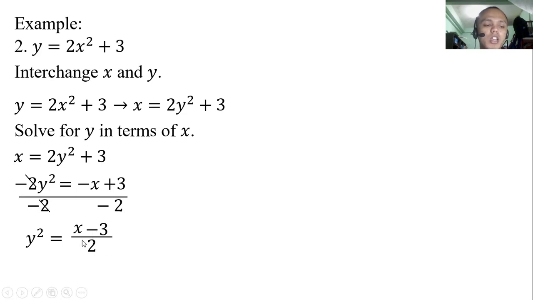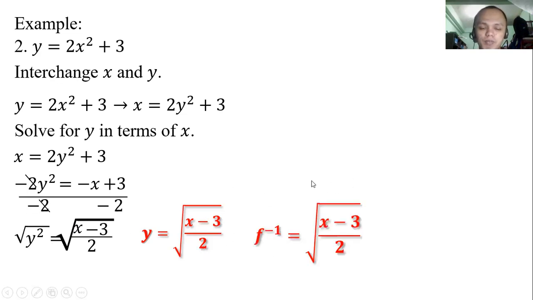Okay? So hindi pa dito nagtatapos, kasi nga may exponent pang 2 yung y. We will get the square root of both sides. Square root of y squared, we have y. Square root of x minus 3 all over by 2 is equal to the square root of x minus 3 all over by 2. Ito yung magiging inverse niya.